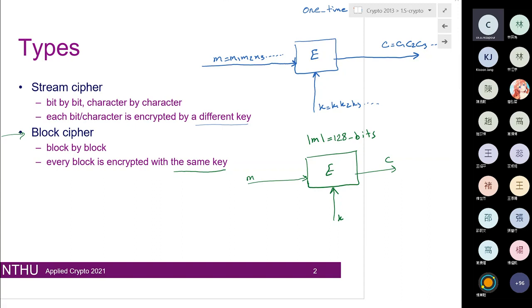So the idea is that you don't have as good network efficiency with a block cipher as you achieve with a stream cipher.